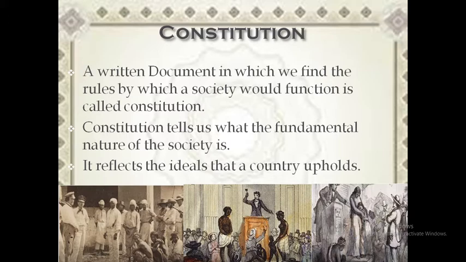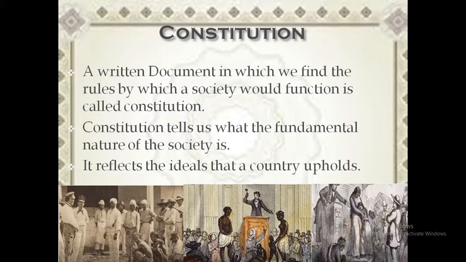If the constitution of a country says that at every interval of time there will be an election, and people in the country will decide who will be given the chance to administrate the country, then it will happen according to the constitution written in that country.